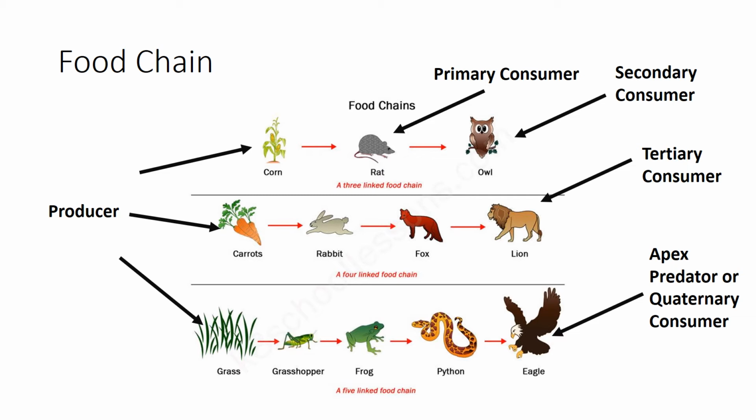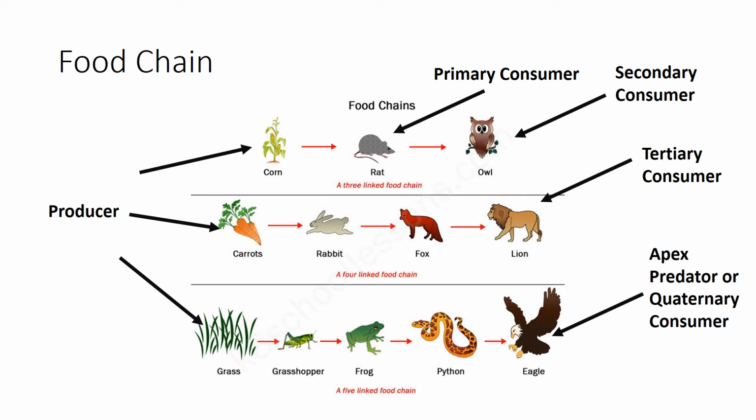The consumer that comes after them would then be called the secondary, and the third consumer would be called the tertiary consumer. If there is a fourth consumer, there isn't very often, they will either be called the apex predator or the quaternary consumer. Normally apex predator's fine. It doesn't often go any higher than the tertiary consumer though.